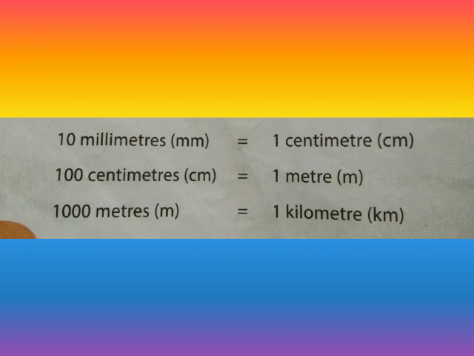Okay. The units of length can be changed from one to another. That is, it can be millimeter or centimeter or meter or kilometer, and it can be changed from one to another. For example, 10 millimeters, that is 10 mm, is equal to 1 centimeter, 1 cm.